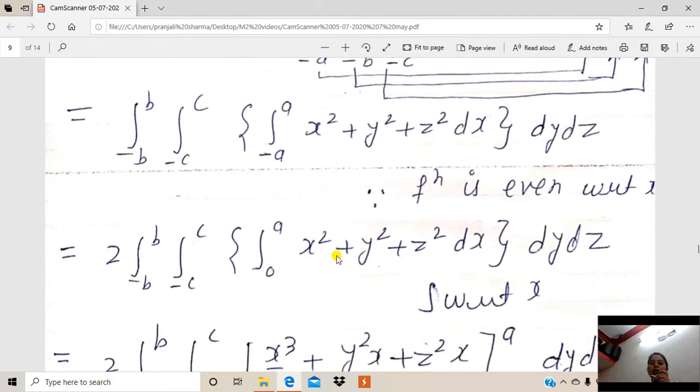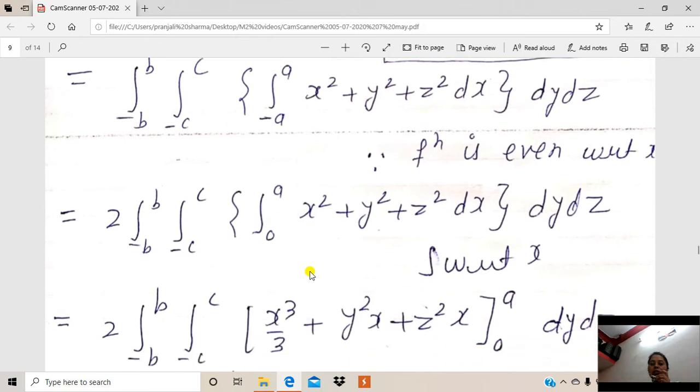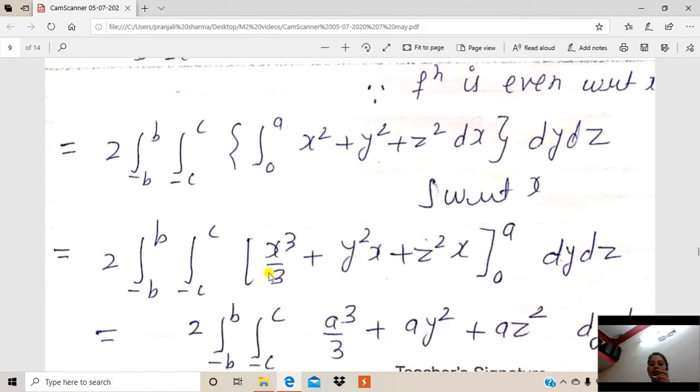Now we integrate it with respect to x, treating y square and z square as constant. If we integrate it with respect to x, it will be x cube by 3, and since y square is treated as constant with respect to x, it will be y square x, and z square is also a constant with respect to x, therefore its integration will be z square x.